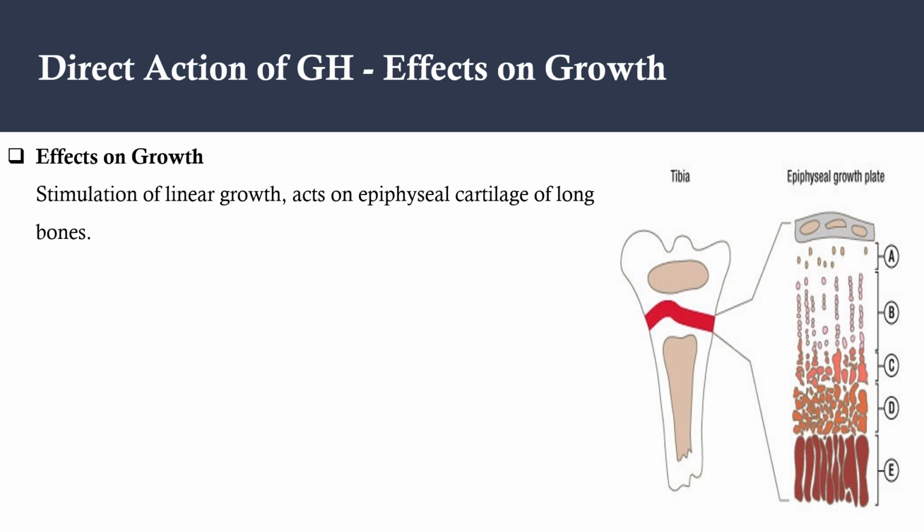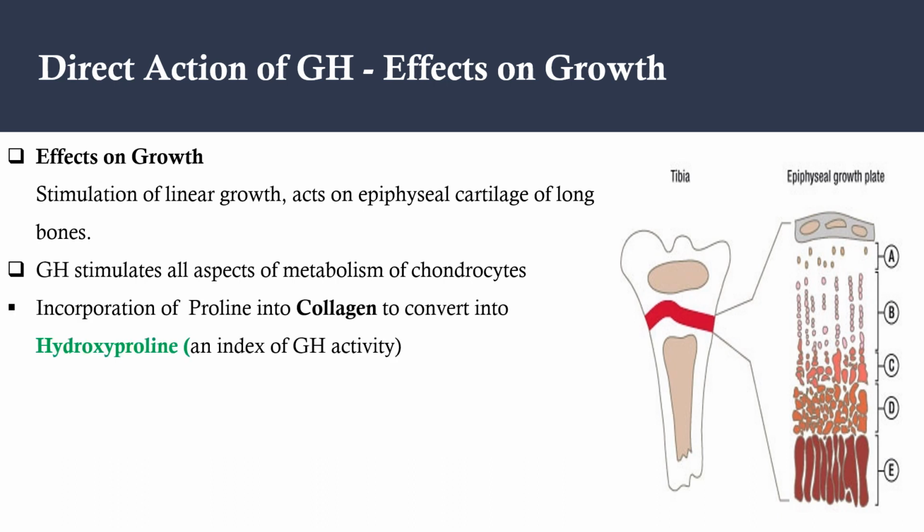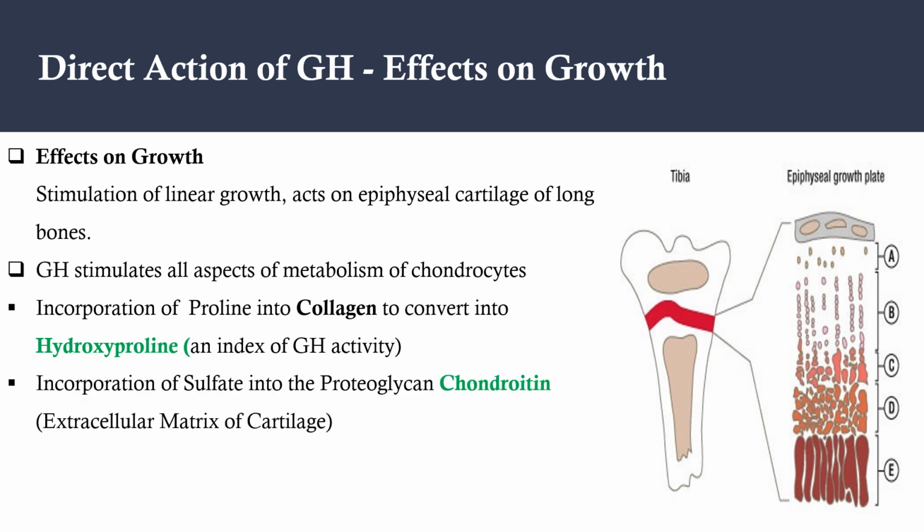The growth hormone stimulates all aspects of metabolism of the chondrocytes, the cartilage forming cells. So the major action of the growth hormone on the chondrocytes include the incorporation of proline into the collagen and its conversion into the hydroxyproline, and then incorporation of sulfate into the proteoglycan chondroitin.